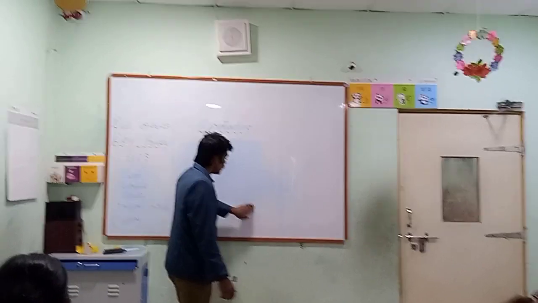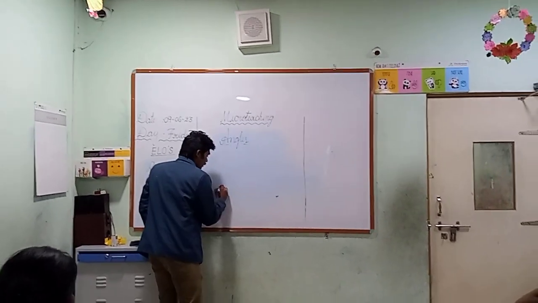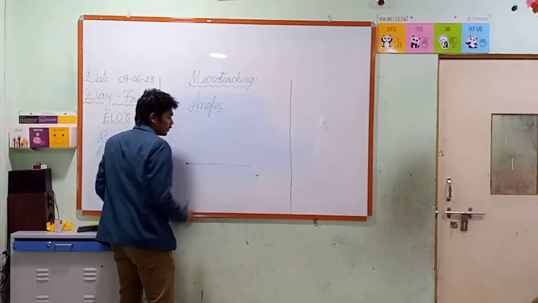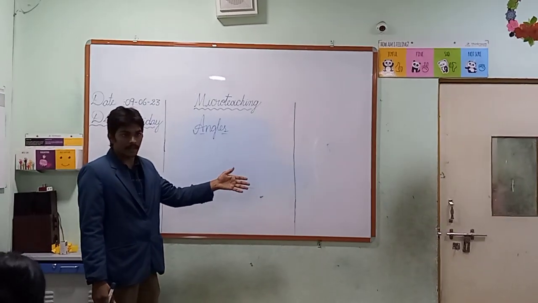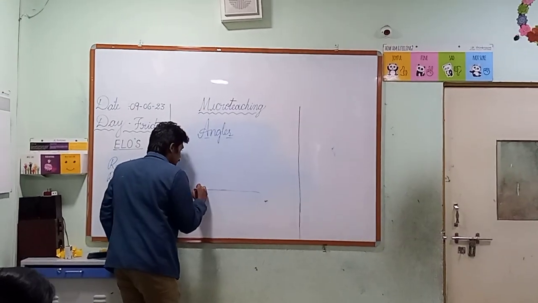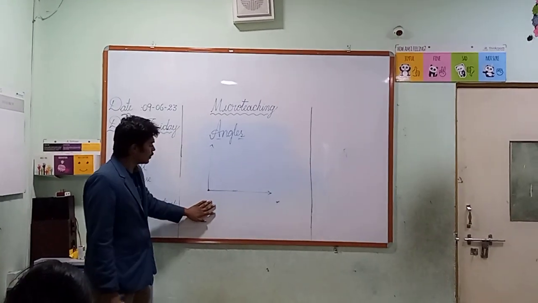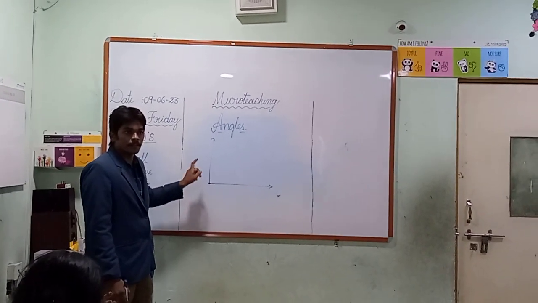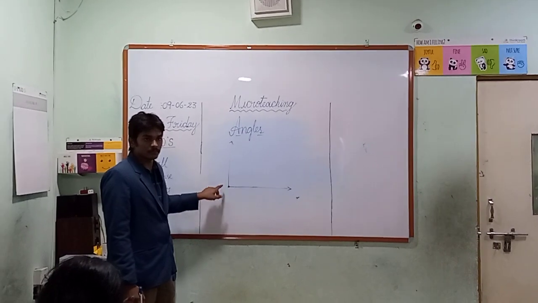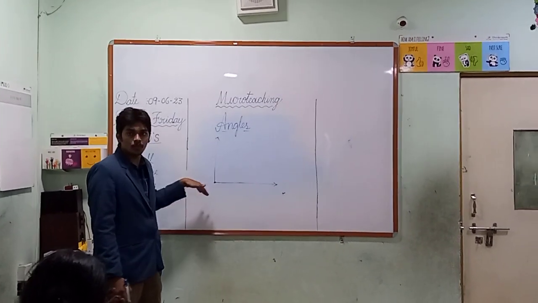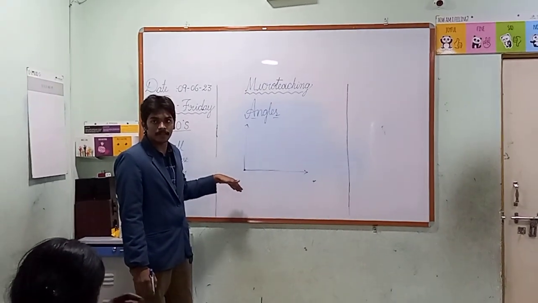Okay, she has drawn a line, right? It is the line a car travels, and another line is the way a rocket goes. So what happens here? The corner. This is the corner where the two lines meet, so we call it an angle.